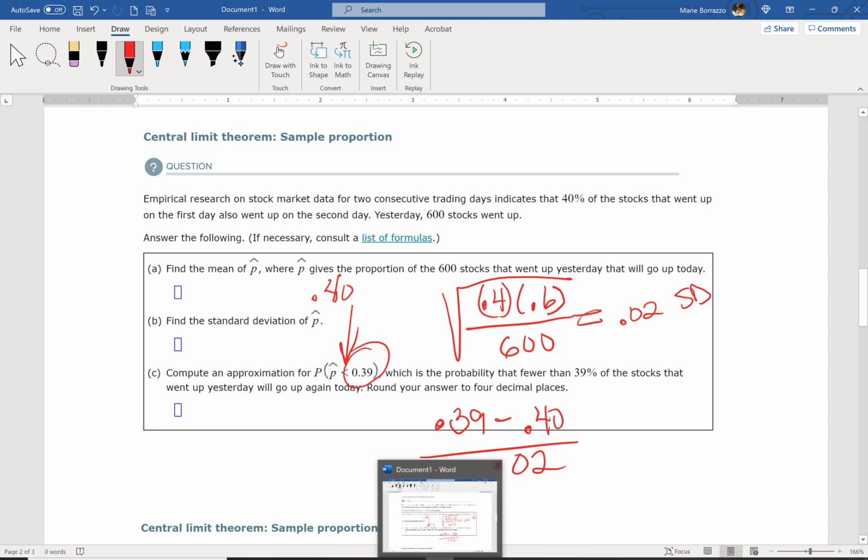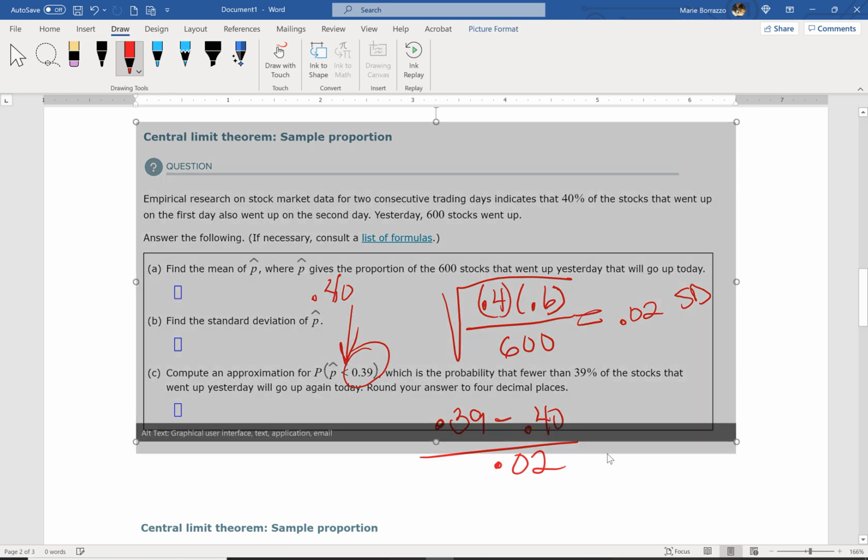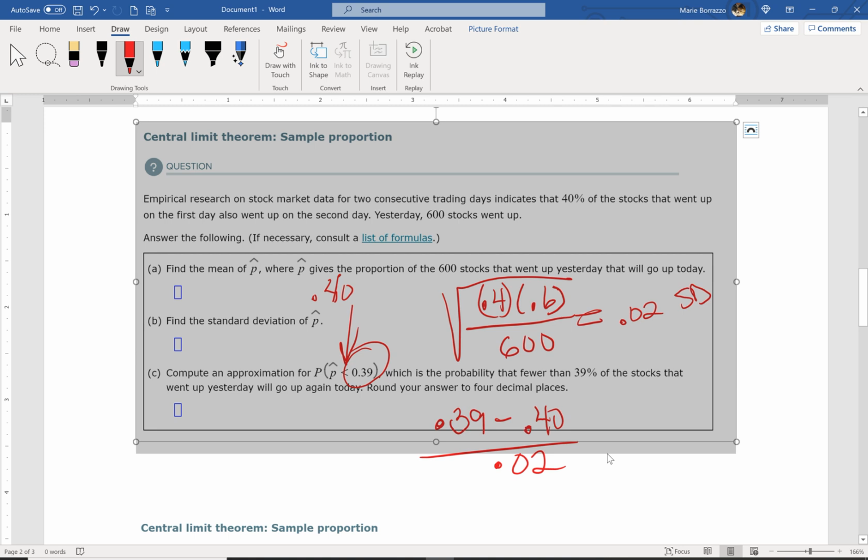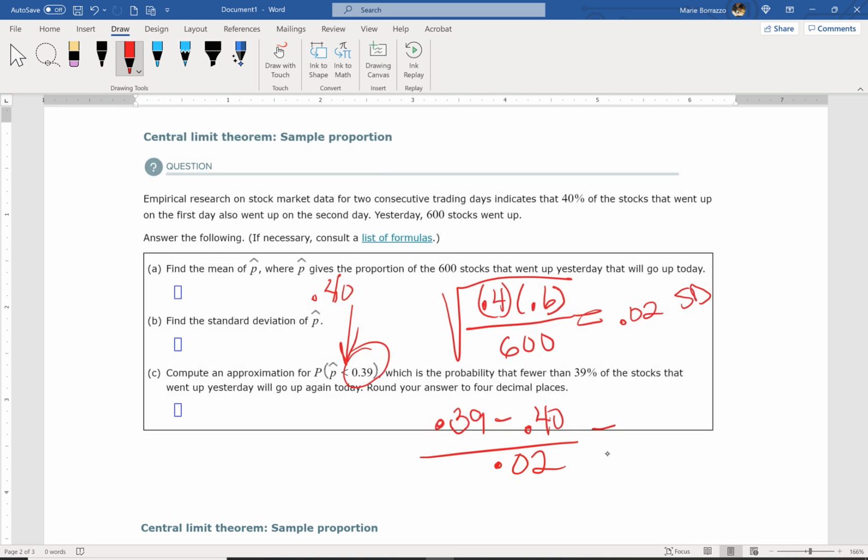So if we take our calculator and we do a little math, we're going to start with 0.39 minus 0.40, and we're going to divide that by 0.02. You get negative 0.5.